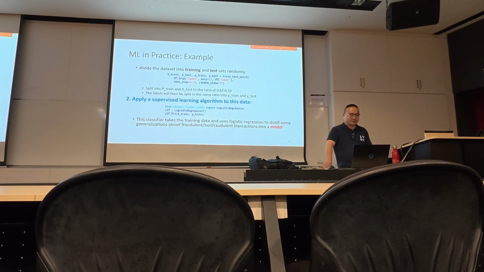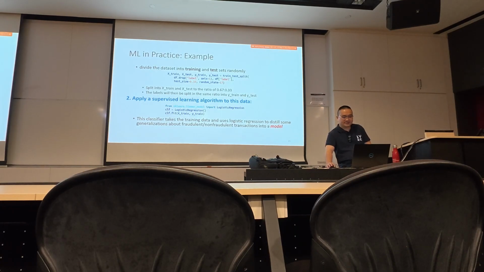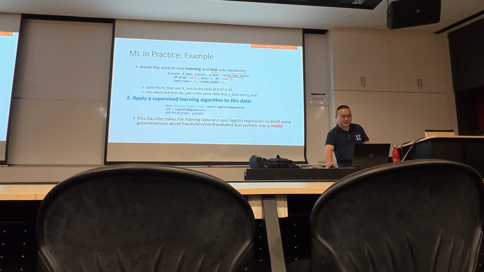After we process the data, and before we train the model, we need to divide the data into training and test data sets. Normally this is done randomly. In Python, this can be done with just one line of code. You can call a function in Python, train test split, and you just specify the ratio to split the data set.